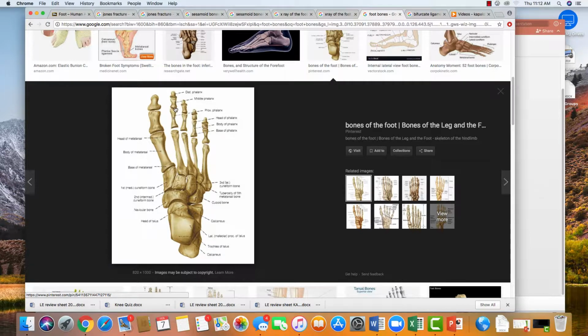The reason for that is, because of its larger size, the great toe serves more function in the foot. It needs more power as far as the musculature. So we sacrifice some mobility for stability. These toes have a lot more movement and aren't as stabilizing as the great toe.